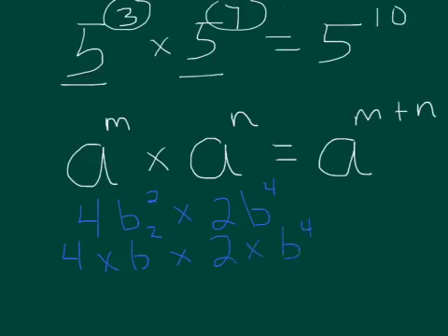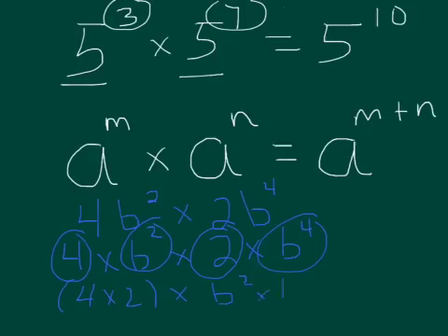And then you remember that we can rearrange multiplication any way we want. So what I'm going to do is group the 4 and the 2 together and say 4 times 2 here. And I might put parentheses around just to keep it straight, though I don't really need to. And then I'm going to times that by b to the second times b to the fourth.